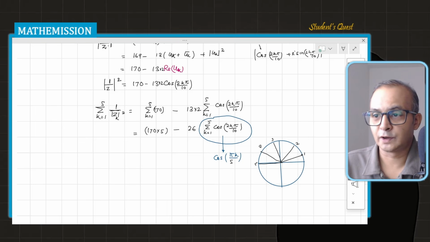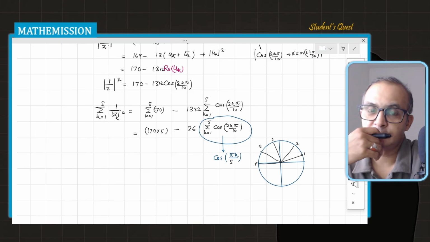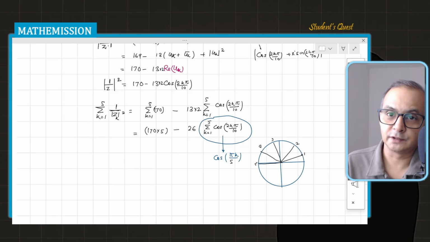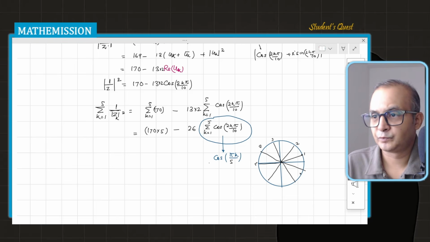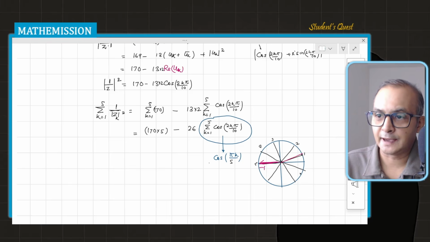If I ask you what is the sum of all these, it means what is the x component of all of them, because cosine is the x component. You notice that the last value, cos pi, is going to be minus 1, and each of them has an x component.